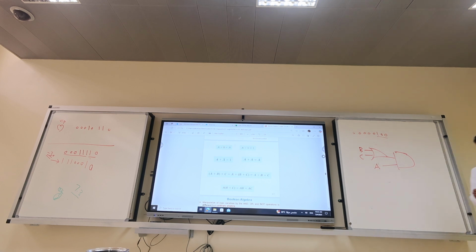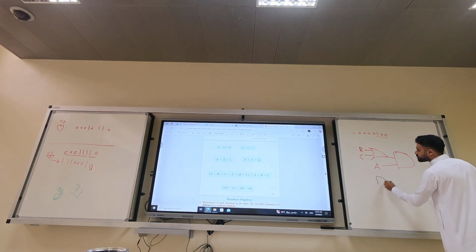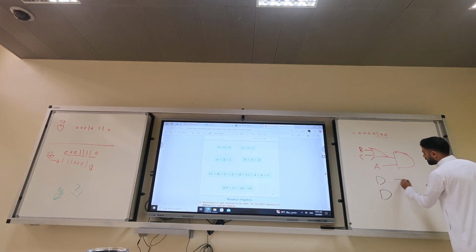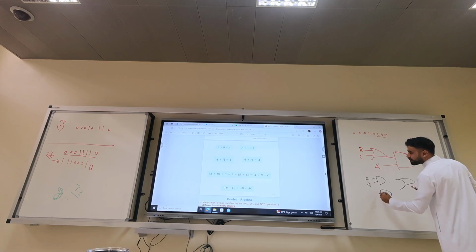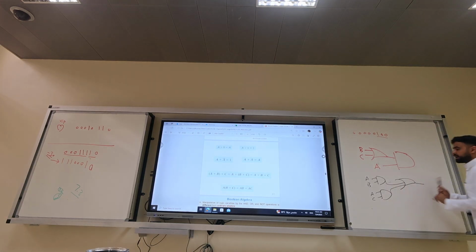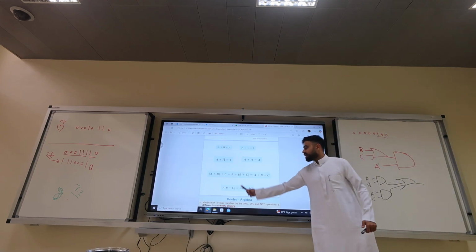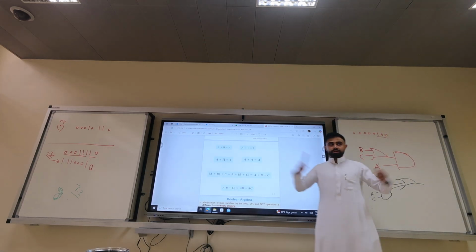A. You OR B and C. The output, you AND it with A. It is the same as having two AND signals, and this is OR. A and B, A and C. That's the output. So you start with whatever is in the parentheses, and then you split it, okay?